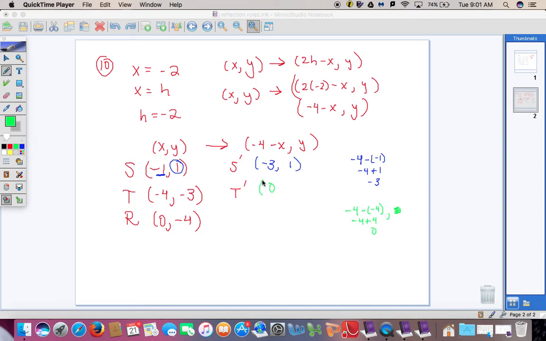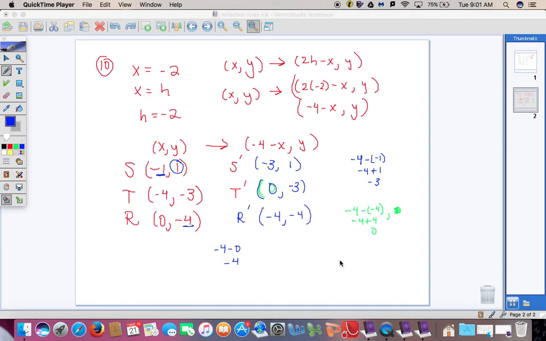So that's going to be 0, comma, negative 3. So T prime would be at the ordered pair of 0, comma, negative 3, or that location. Okay, and then R prime, we've got negative 4 minus 0, which is negative 4. So my x value is going to be at negative 4, and my y value remains unchanged at negative 4.